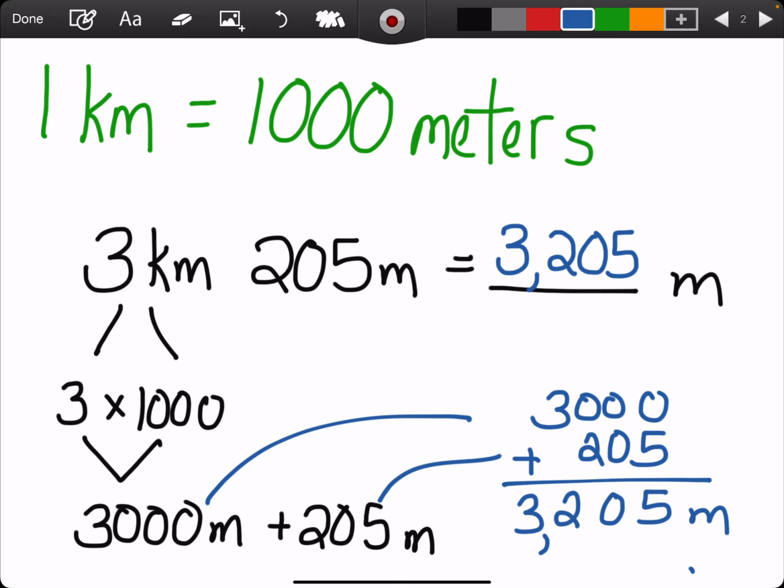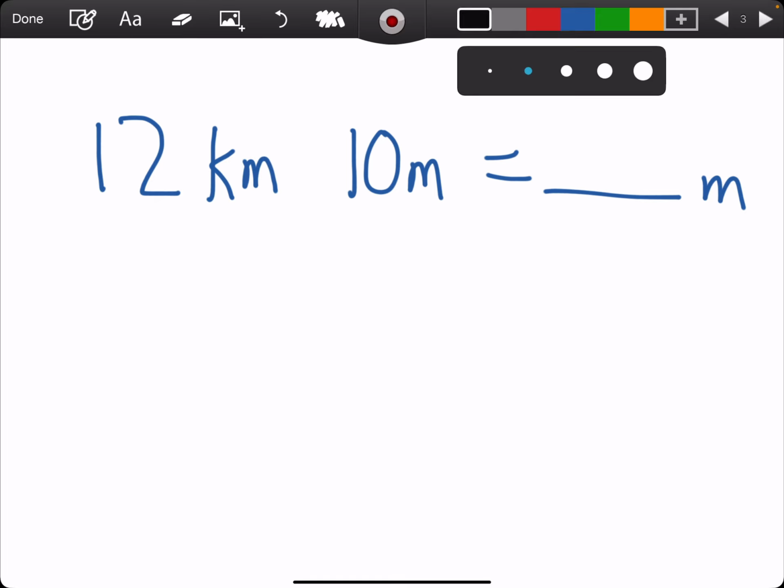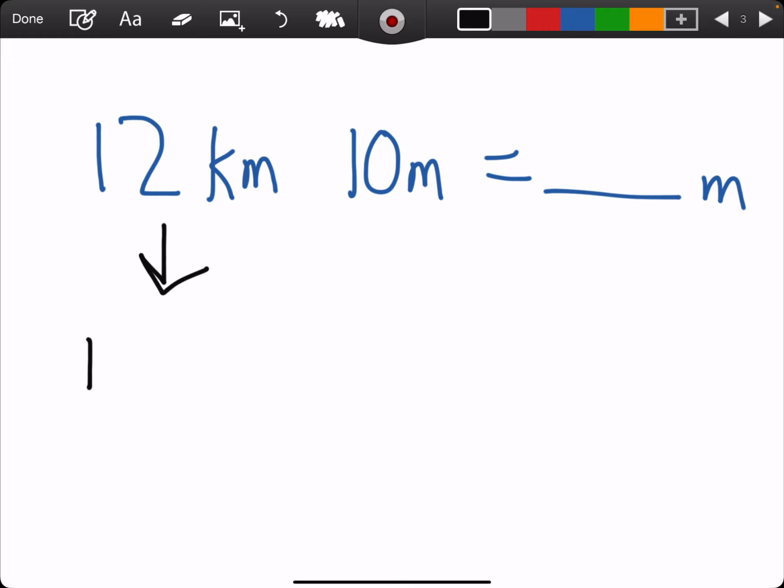Now, let's say it was 12 kilometers, 10 meters. How many meters does that equal? Well, we have 12 kilometers, so you should know that that is equal to 12,000 meters plus just the 10 meters.